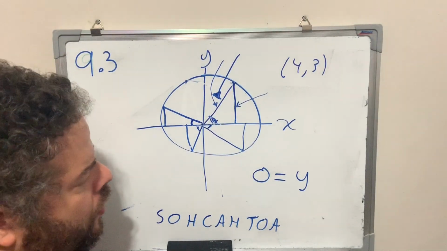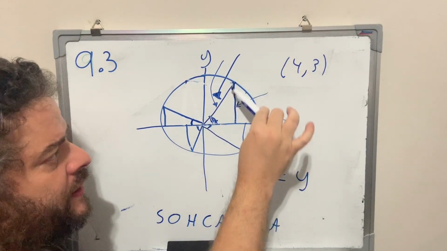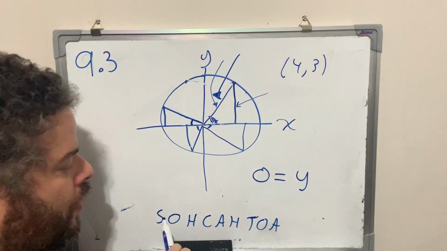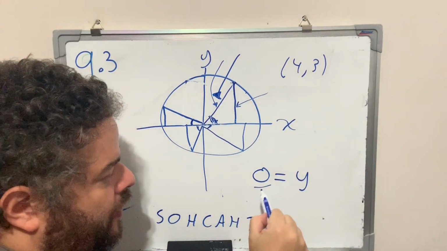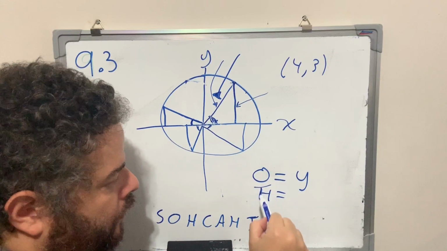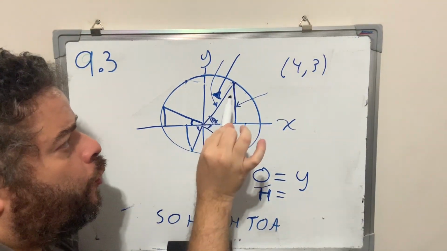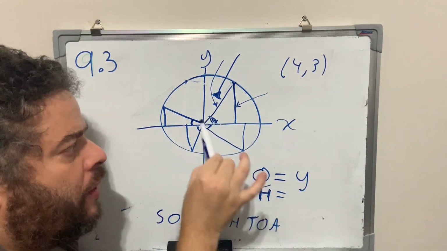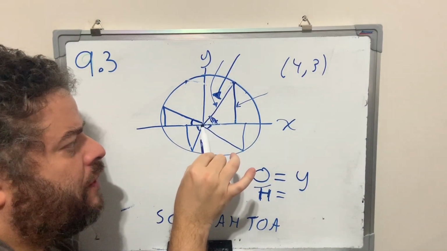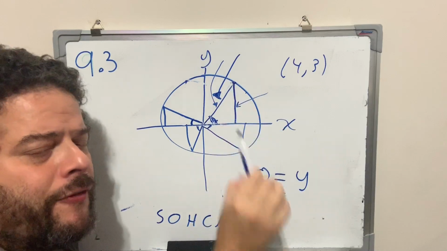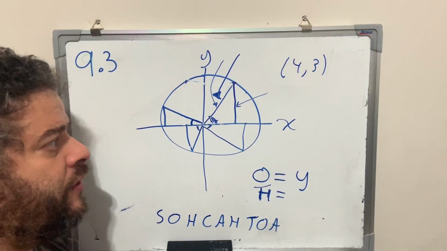Now let's look at cosine. Sine is opposite over hypotenuse. And the hypotenuse, would that not be the radius of the circle? The line going from the center of the circle to the circumference. That's the radius of the circle.